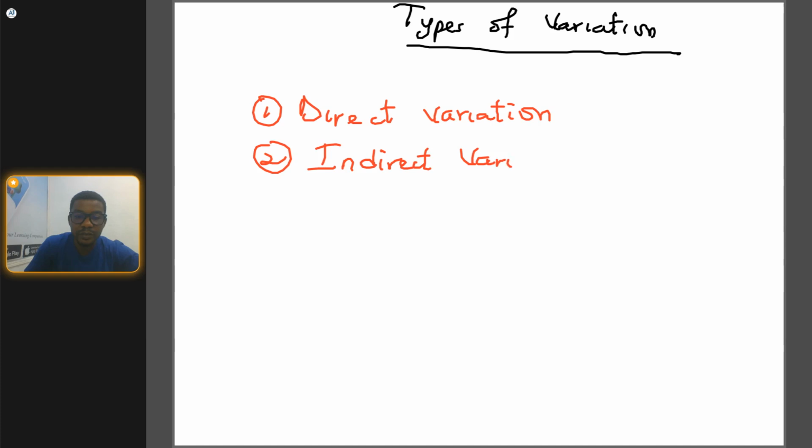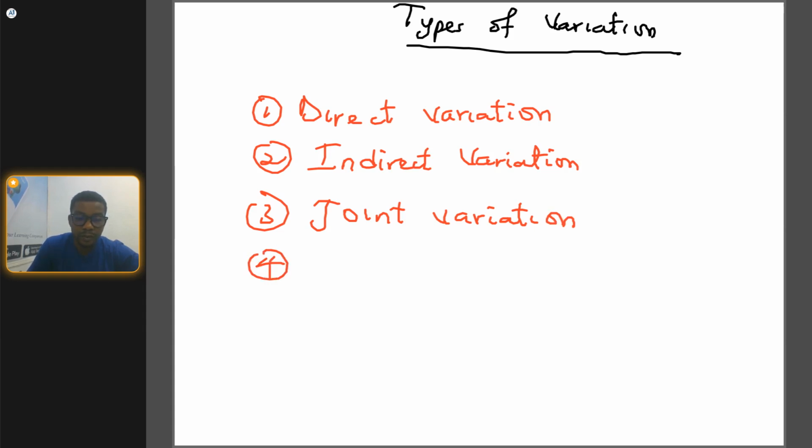And number three, we have joint variation. Okay, and also we have partial variation.